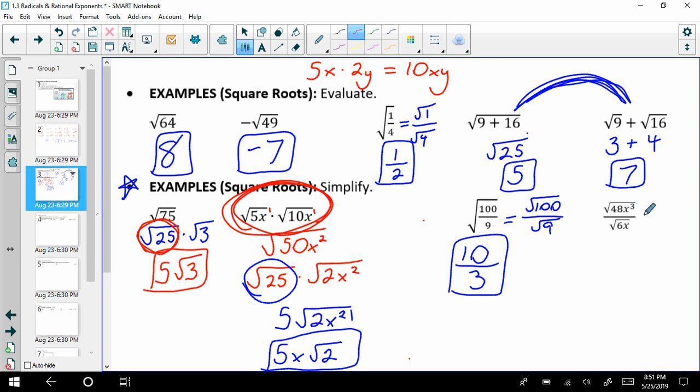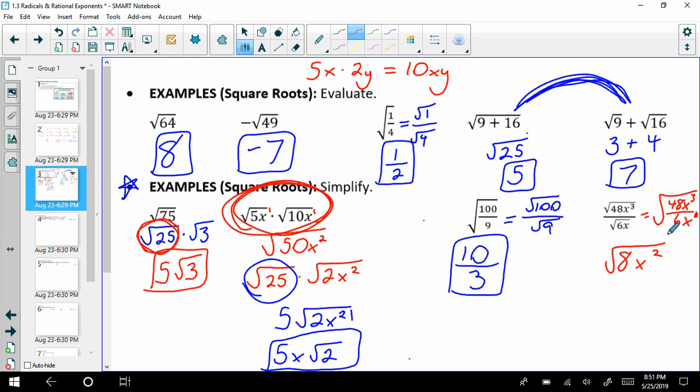So if I go the other way, if I think of this as one big square root, and I'm going to divide them, 48 divided by 6 is 8. X cubed divided by x, remember that's technically x to the first. What do we do with exponents when we're dividing? Should say subtract. So 3 minus 1, I now have x squared.